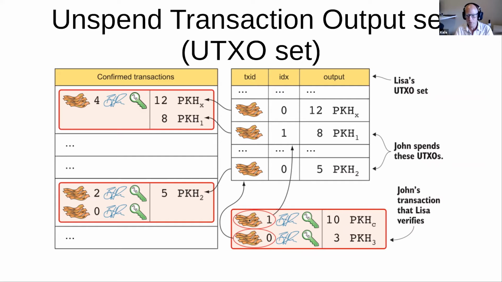She will look up this hash and this index at this row here and see that there is an output belonging to this public key hash, which corresponds to this public key. So she can be sure that there is money to spend here. And the same for the second input.